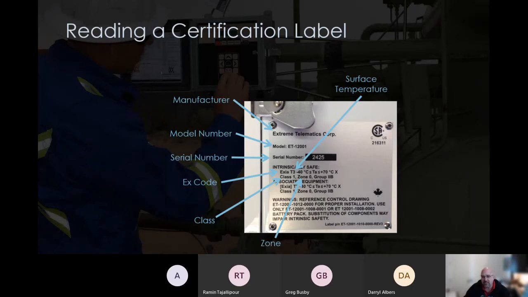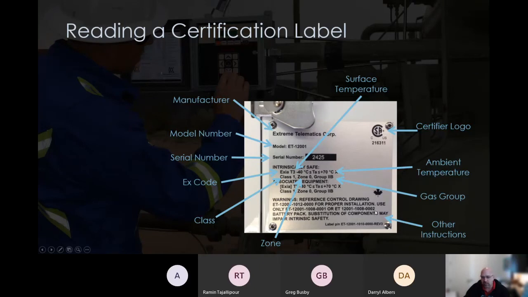This T code is the temperature. Typically you have the certifier logo, who actually approved this to be certified. The ambient temperature rating, so what kind of environment it can be put into, the gas group it's rated for, and then some other warnings or instructions, typically a reference to a control drawing for safe installation practices.